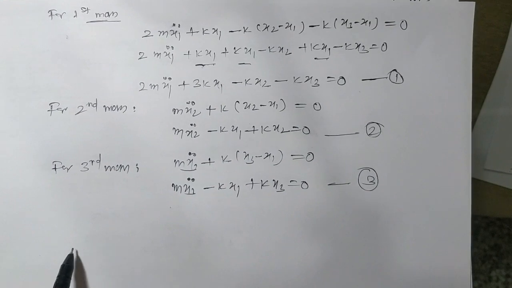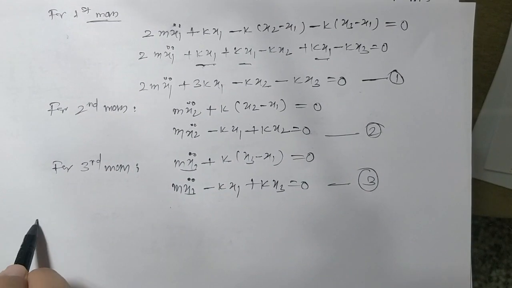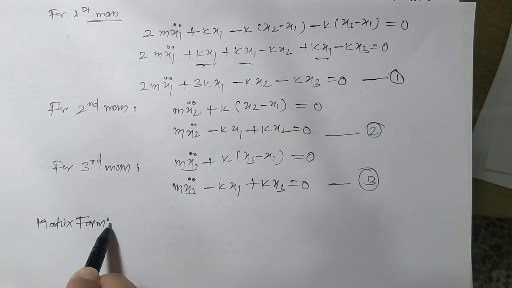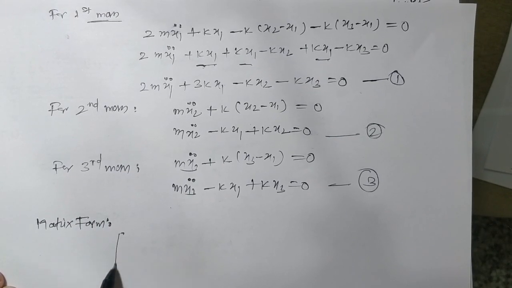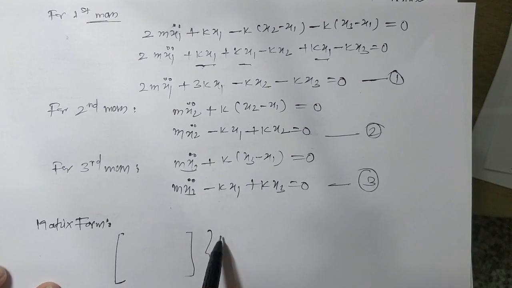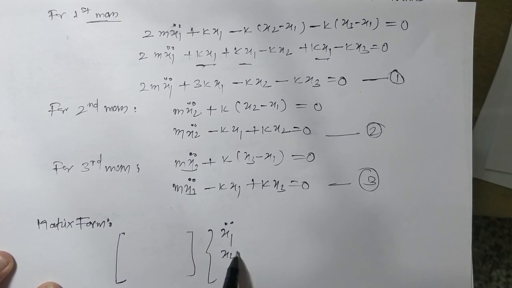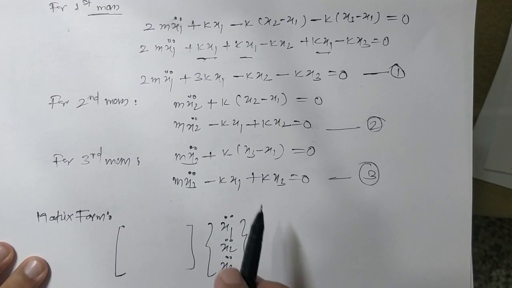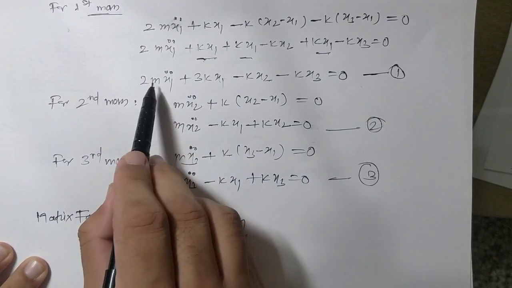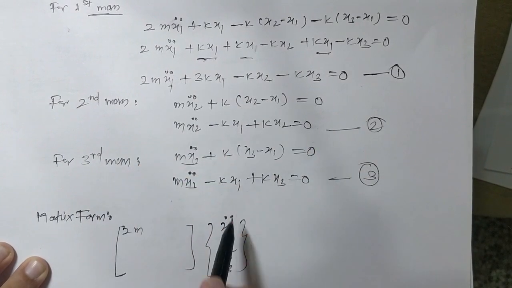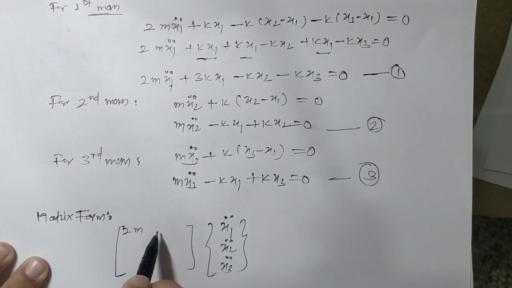So, in matrix form, the M matrix and x1 double dot, x2 double dot, x3 double dot is the acceleration vector. From the first equation, the multiplier of x1 double dot is 2m, and the multipliers of x2 double dot and x3 double dot are 0.